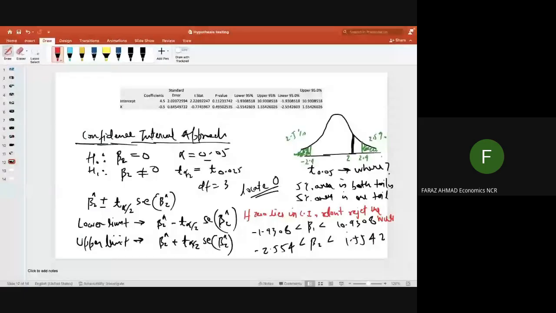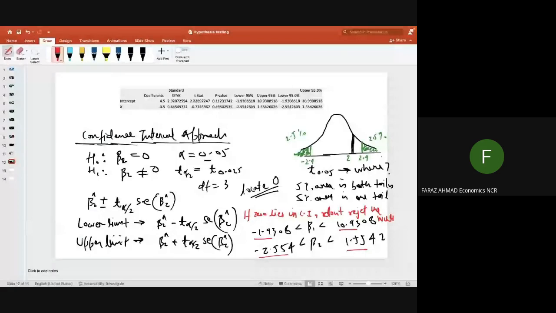So we will not be able to reject the null that beta 1 is 0, and we will not be able to reject the null that beta 2 is 0. So we will go with the thought that beta 1 and beta 2 are both actually 0, because we could not reject the null.